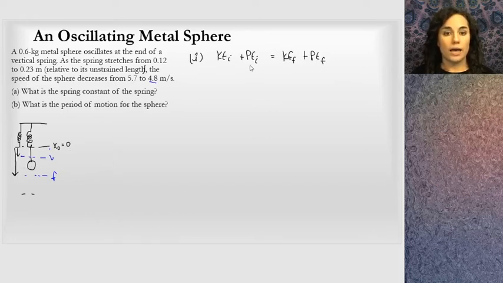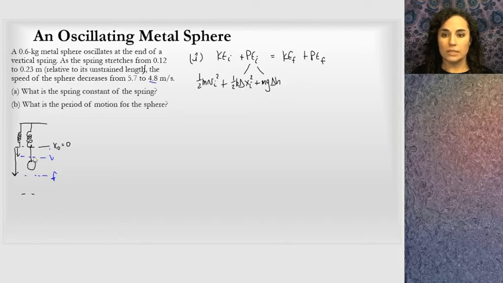So when I consider the initial potential energy, there's going to be a spring potential energy, 1/2 k delta x initial squared, and there's going to be some sort of initial gravitational potential energy for this mass, okay? It definitely has kinetic energy in the initial position too, 1/2 m v initial squared. So that's all the terms initially.